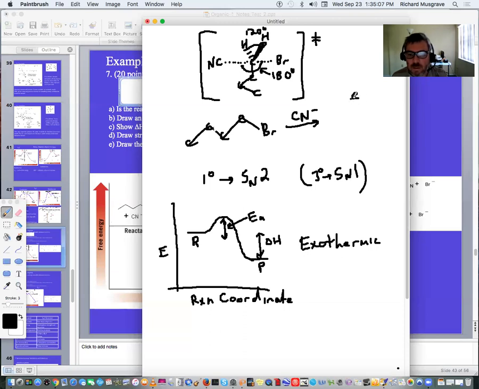Let me see if I can do it. Let me put it on another place here. I'll put it down the bottom here. Just need enough room. Do you like this more?